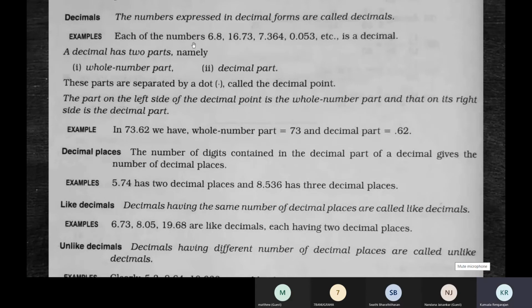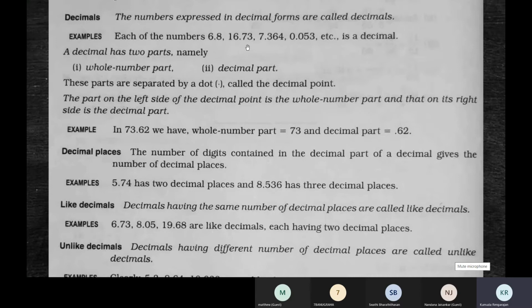Now this decimal has two decimal places because after the decimal point, there are two digits.